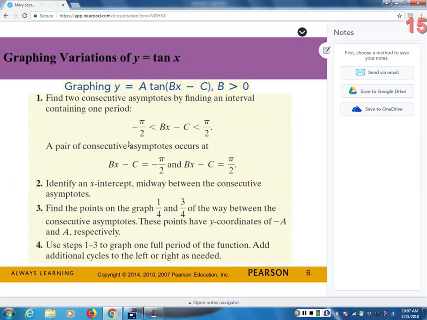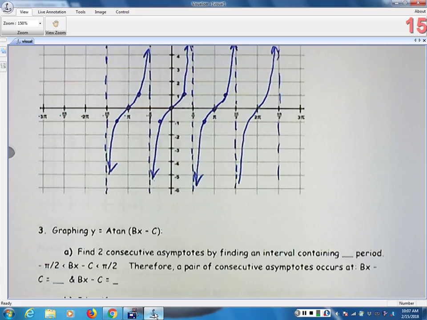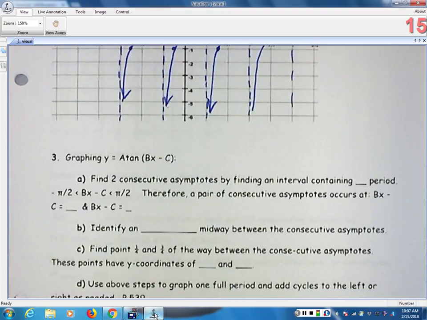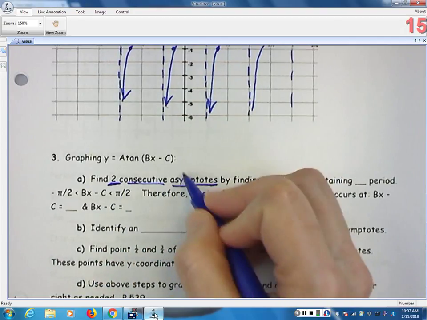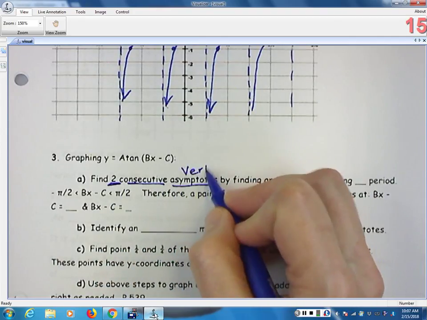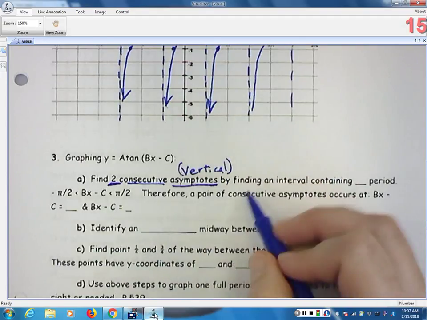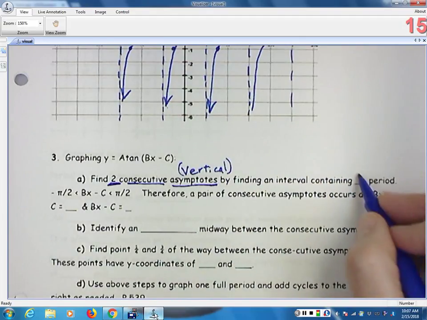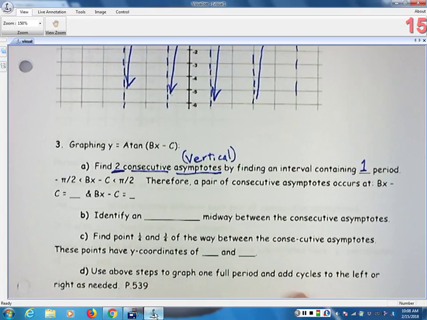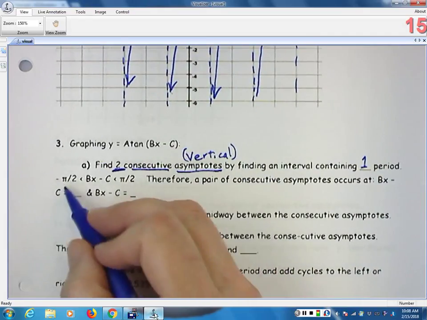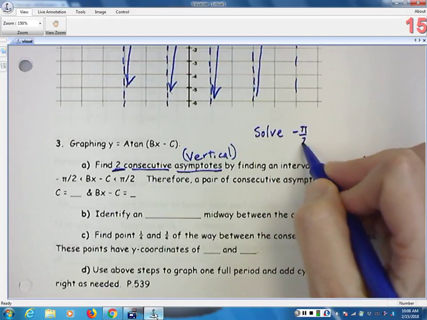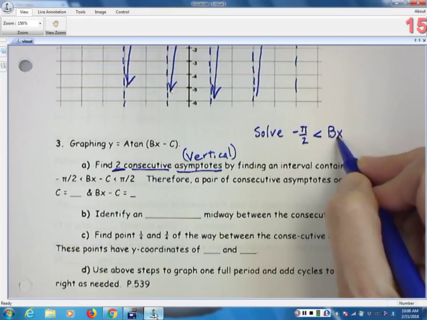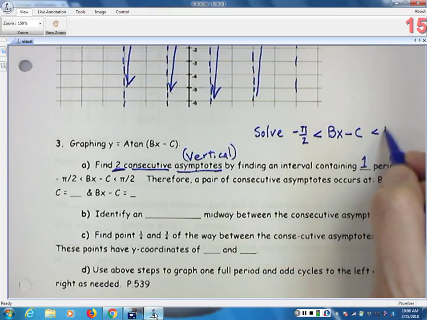So here are the steps to graphing the tangent function. We want to find two consecutive vertical asymptotes by finding an interval containing one period. We do that by solving this inequality: minus pi over 2 less than bx minus c less than pi over 2.